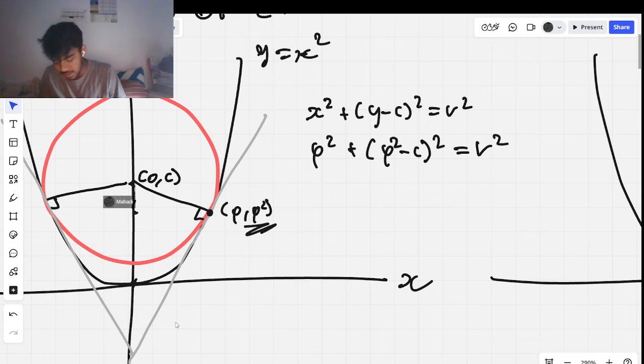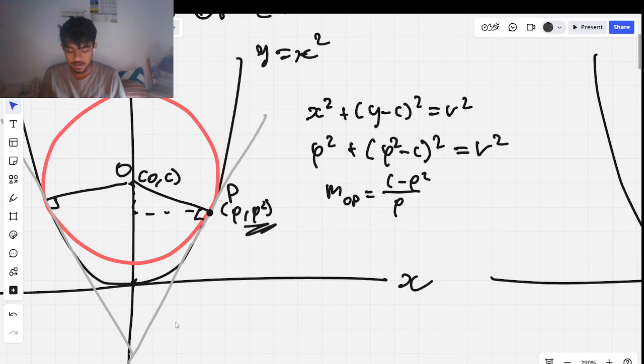The gradient of this line here, let me call this OP, is going to be rise over run, so (c minus p squared) over p. I believe that's correct, yes. And the gradient of the tangent is just going to be the derivative of x squared at the point p, so it's going to be 2p.